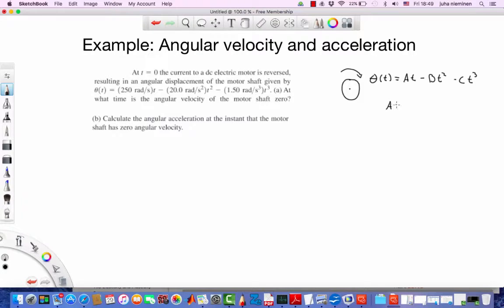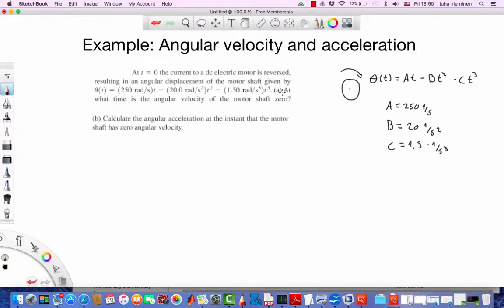And we have a is 250 radians per second, so we can note it as just 1 over second. B is 20 radians per second squared, and C is 1.5 times 1 over second cubed.